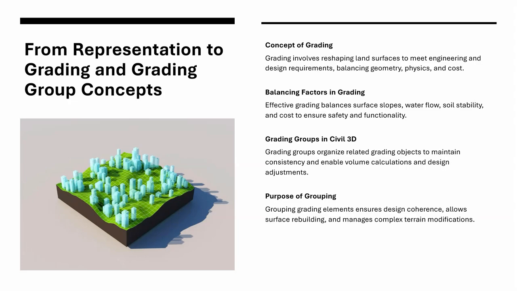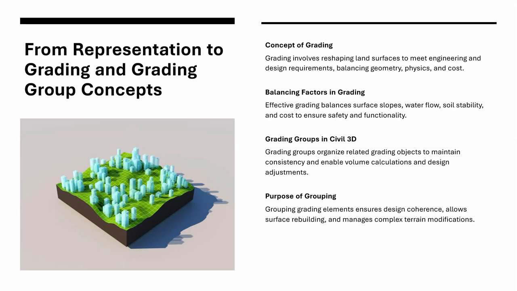Conceptually, you can think of it as a mini surface built for a particular purpose: a building lot, a roadway section, a detention pond. Why group them? Because grading rarely happens in isolation. A pad isn't just a rectangle on a hill. It has slopes that daylight into existing ground.